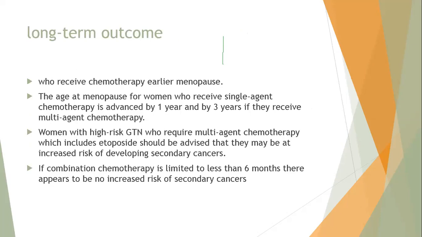Long-term outcome. Those who receive chemotherapy, we should tell them that they are at risk of developing earlier menopause. If she has single agent chemotherapy, it will advance by 1 year. If she is taking multi-agent chemotherapy, it will advance by 3 years.